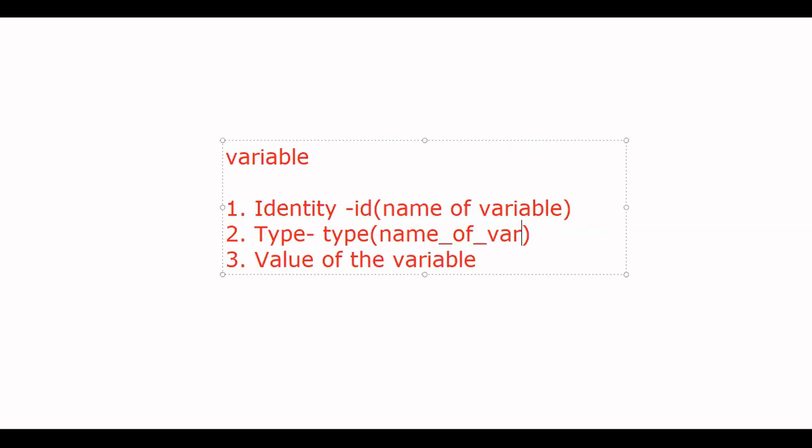And if I want to see the value of it, I will just write the name of the variable, that is age. So this is how the three values are shown. ID, type, and value. Is this clear? So now we have seen identity and also how to find the type.